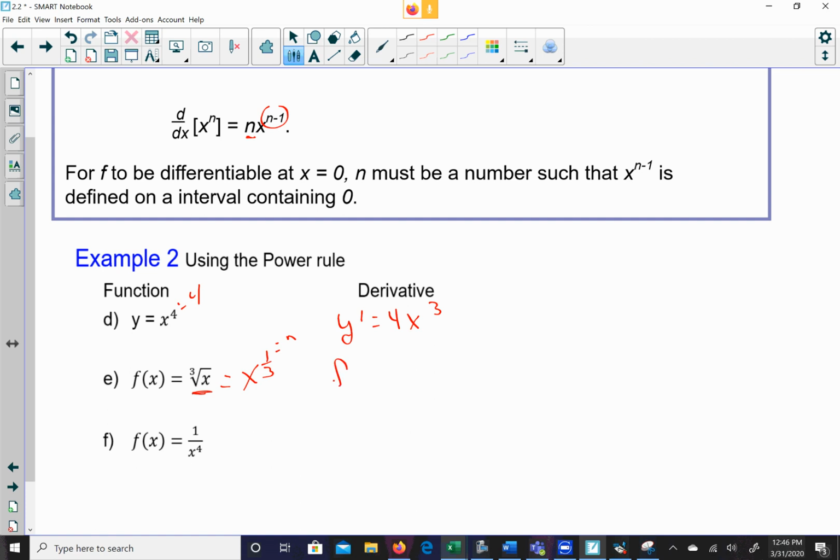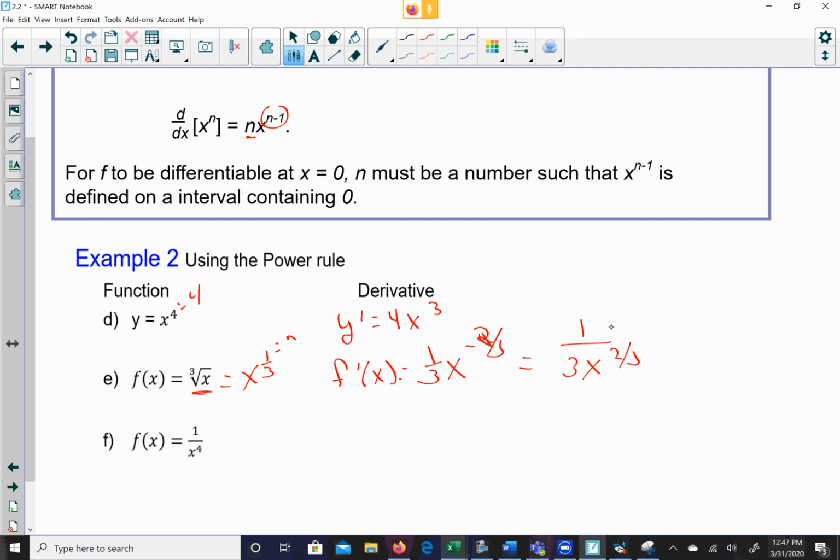So f prime of x, bringing my power down in front, and then I take 1/3 minus 1, and I get negative 2/3. I don't like negative exponents, so I'm going to rewrite that as 1 over 3x to the 2/3 power.